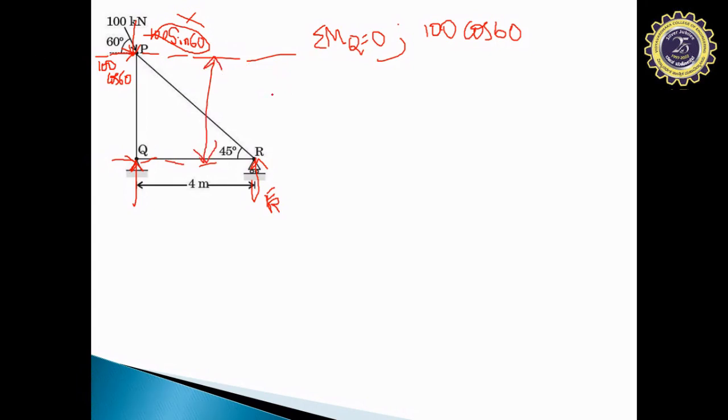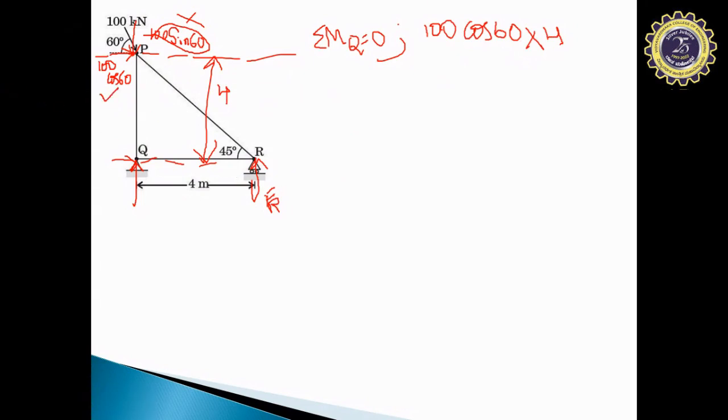It is nothing but 4 meter, right? Now how did it become 4? I already told you, since it is 45 degree, if you apply tan inverse, you will get PQ as 4. We already know tan theta is opposite by adjacent. So opposite is nothing but adjacent multiplied by tan 45. So you will get the distance as 4 meter. So multiplied by 4, you are done with this particular force.